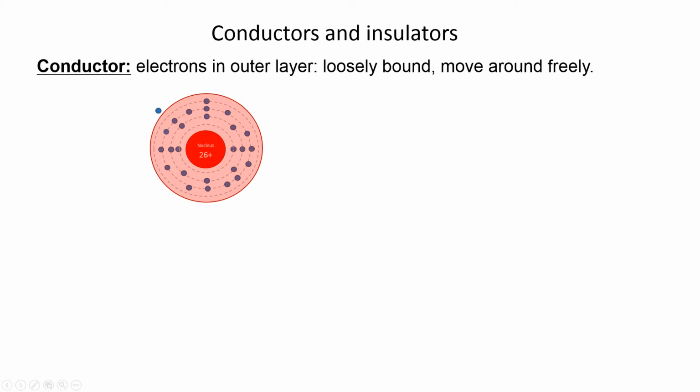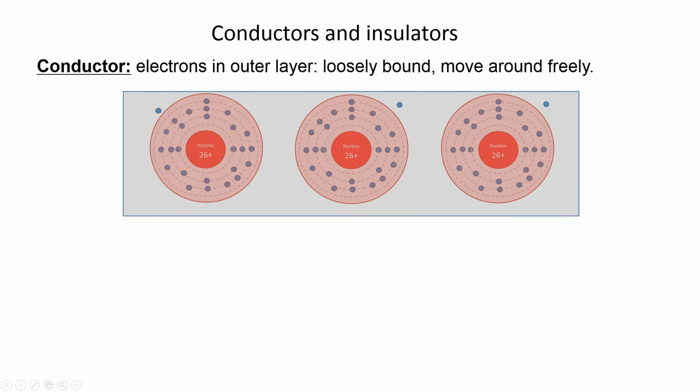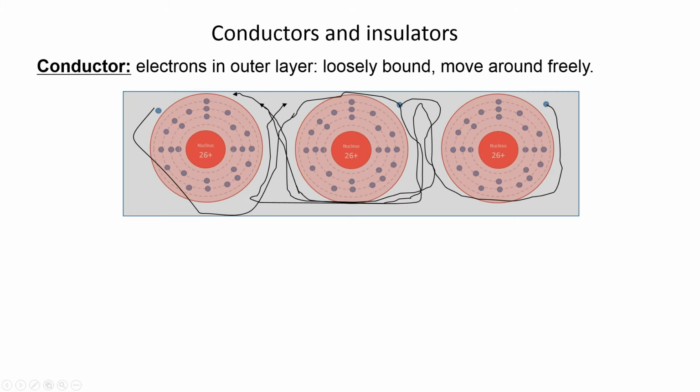So in fact we have a positive ion here and a free jumping around electron. And we have more atoms in a piece of iron. So we have a piece of iron here with the ions and the free jumping around electrons. And they really jump around. They go from one to another and back, and they do that all the time.